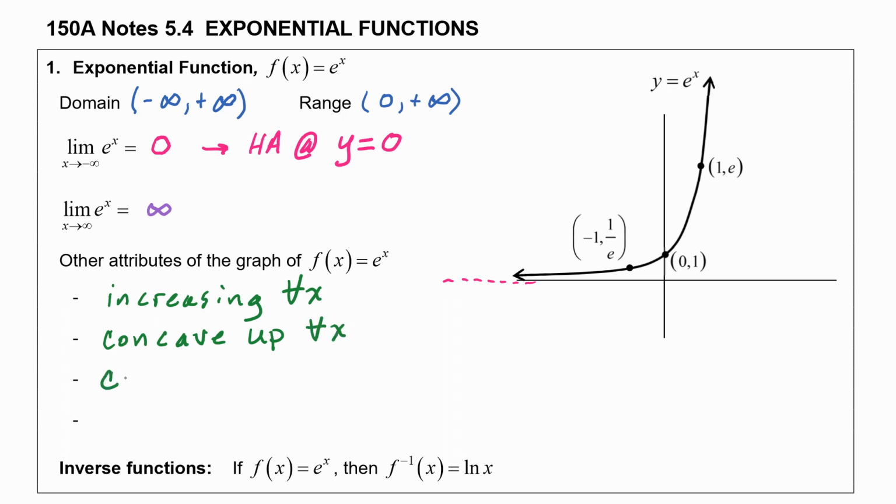It's continuous for all x. And because it passes the vertical line test and the horizontal line test, we know that it is a one-to-one function. And we know that means that it has an inverse function.